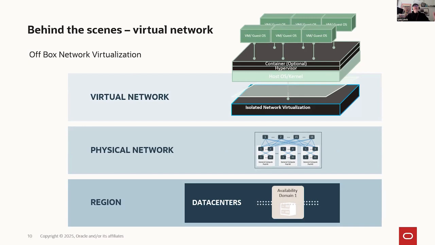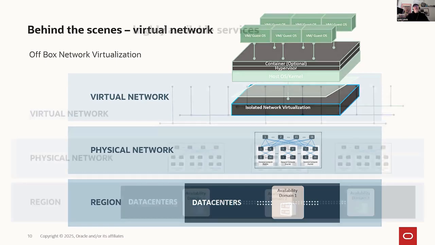So we isolate everything. It gives us a lot of control over where the data is going and makes sure that we manage it correctly for you, and that you don't have any overload of any particular routing system within the rack or within the data center itself.